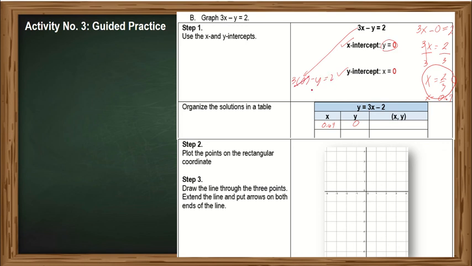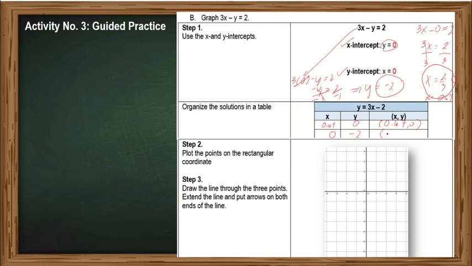Obviously, this is 0, so we have negative y equals 2. Dividing both sides by negative 1, we have y is equal to negative 2. So when x equals 0, y is negative 2. Okay? So we have these two ordered pairs.